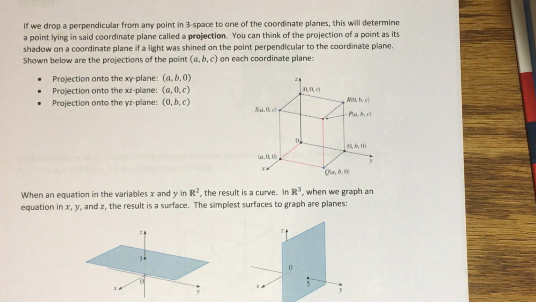Okay, now when we talk about points in 3-space, a really important term, I guess, is projection. We use the idea of a projection a lot in this course for different things.